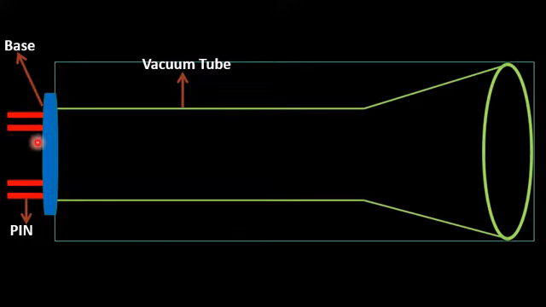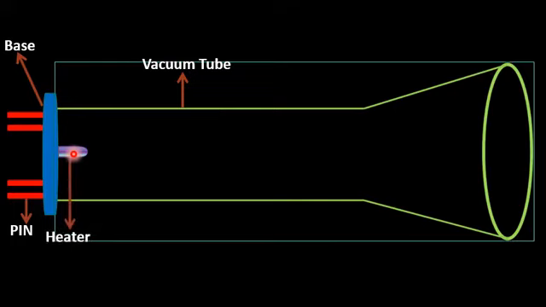The base of the cathode ray tube is connected with a heater. The heater is present inside the cathode ray tube. When the potential is applied on the pins of the cathode ray tube, the heater will start to heat up.